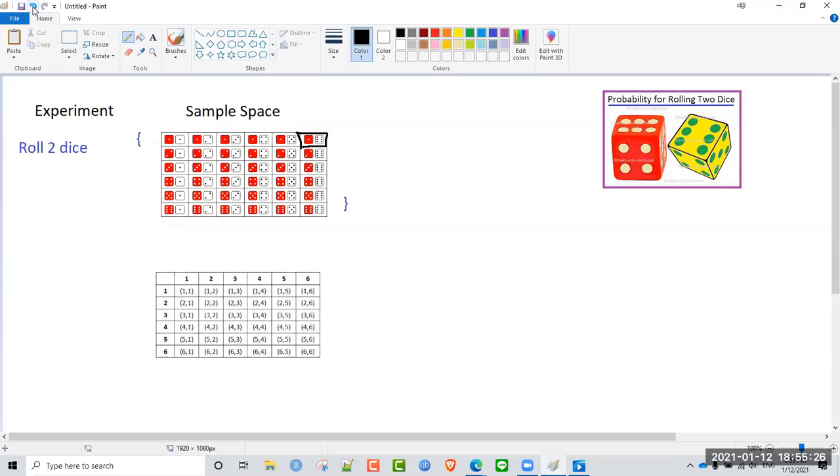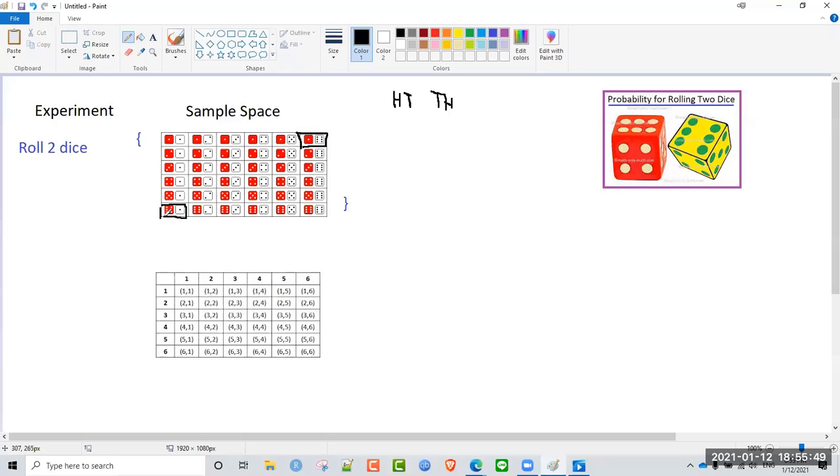It means actually, and we're going to distinguish, just like we distinguished between HT versus TH. We distinguished between those. We're also going to distinguish between this one and this one.